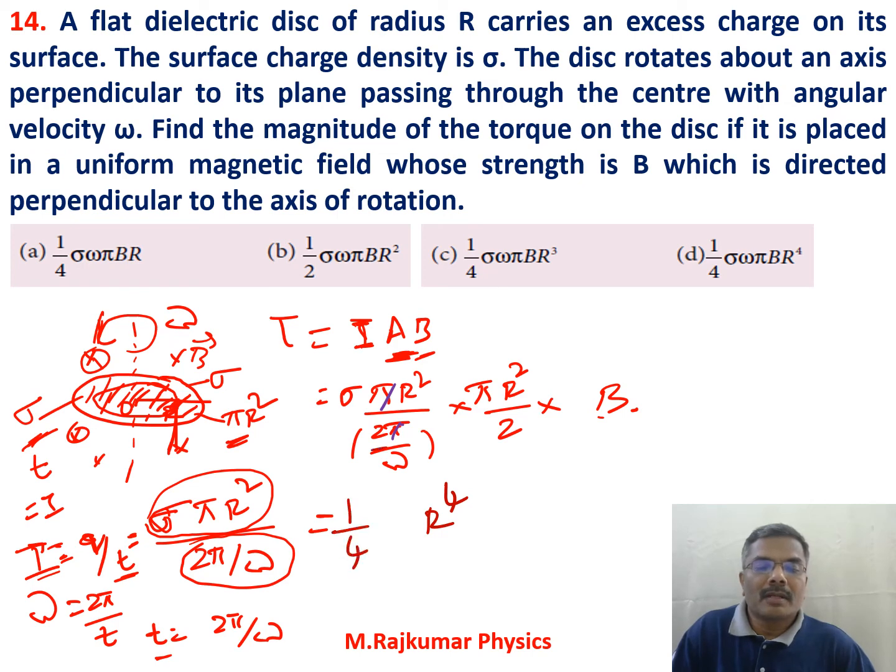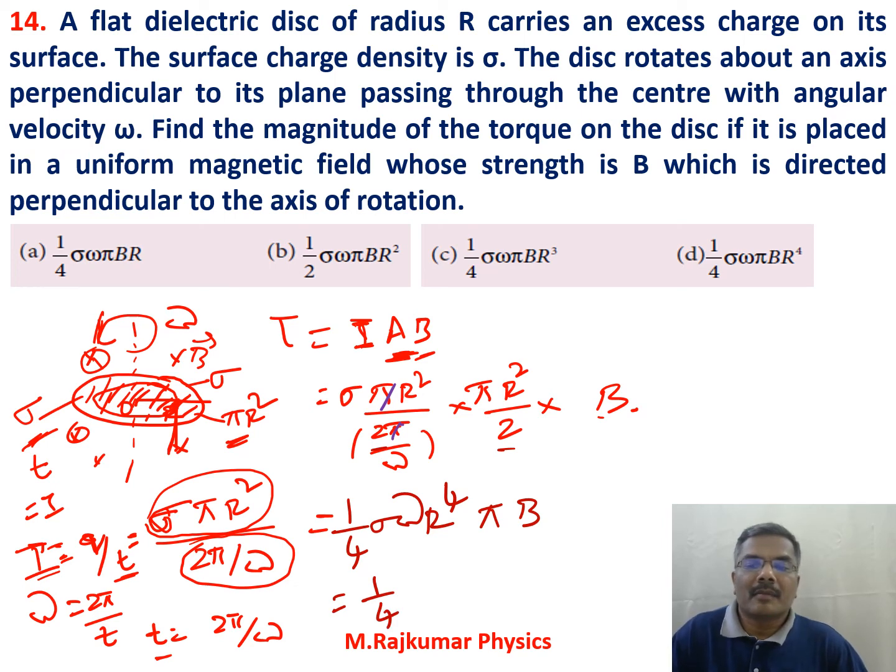Then sigma is there, and omega goes to the numerator. So 1 by 4 sigma omega r power 4. This pi gets cancelled, and you have one more pi here, and B. So in the option format, I can write it as sigma omega pi B r power 4 divided by 4.